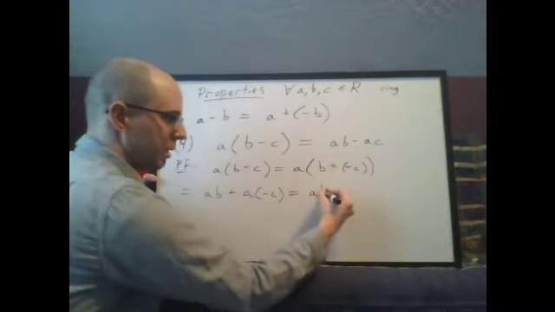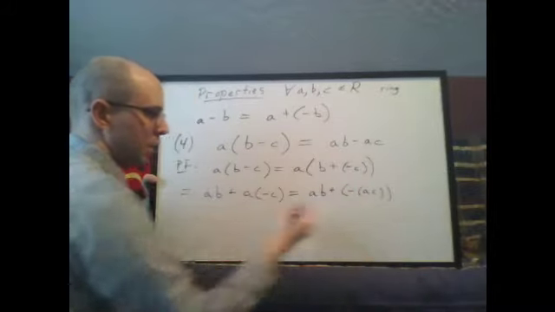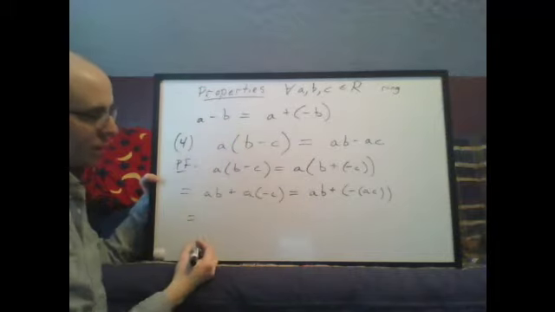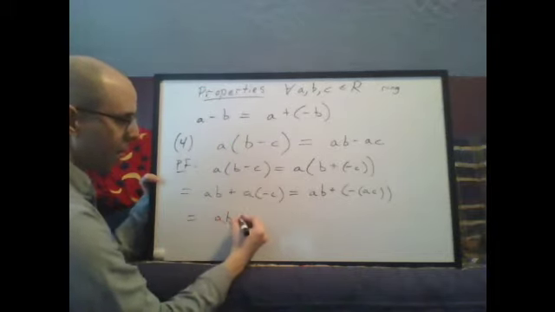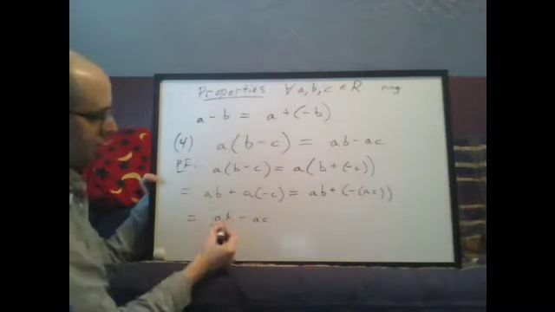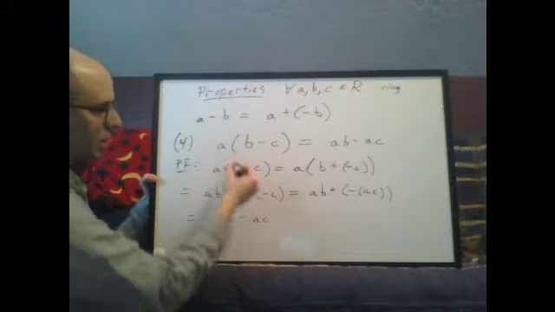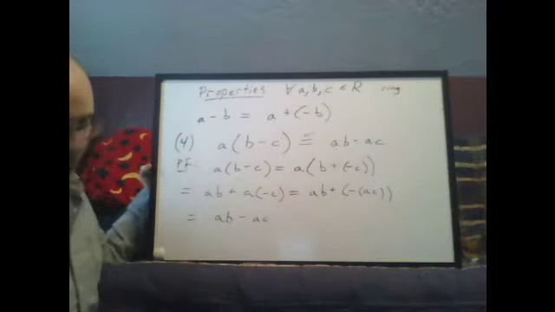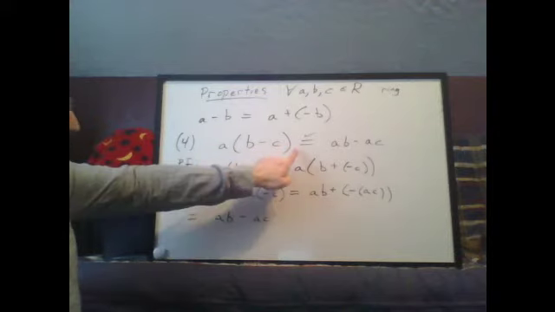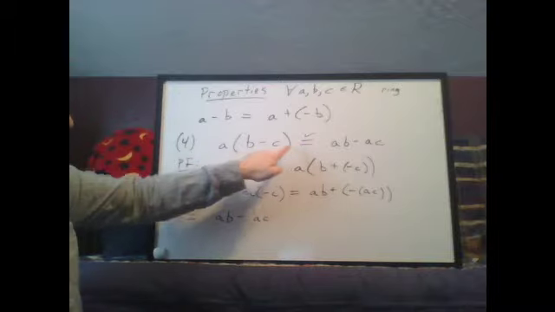So this is AB plus negative AC. But now it's adding a negative, so that's the definition of subtraction. This is AB minus AC. And so we're done. This equals this, and this equals this, so that gives us this equality. And like I said, we also have distribution if the A was on the other side. (B minus C) times A would be BA minus CA.